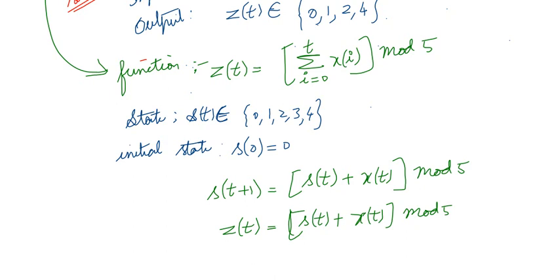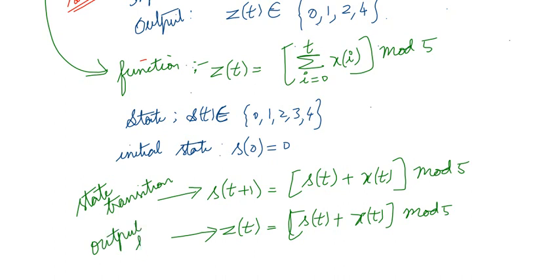So this is called the state transition and output function. What is state transition? It describes how we go from the present state S of t to the next state. And this is called the output function.